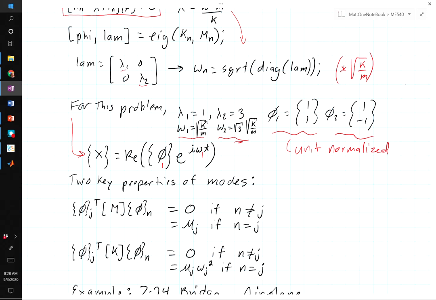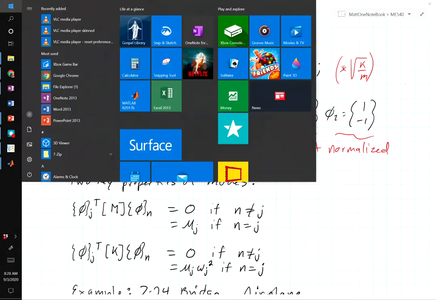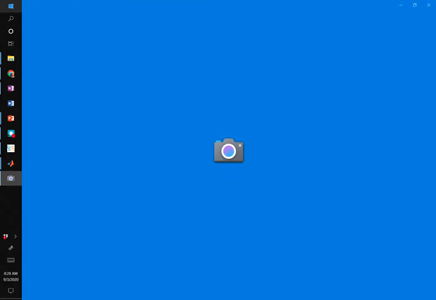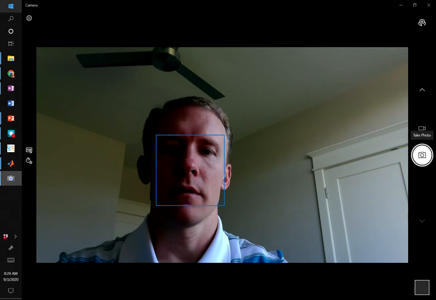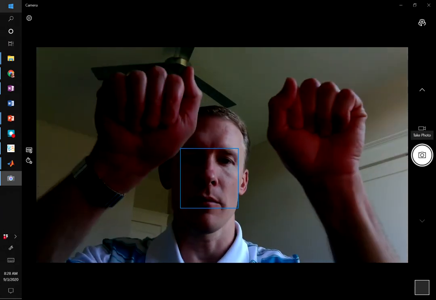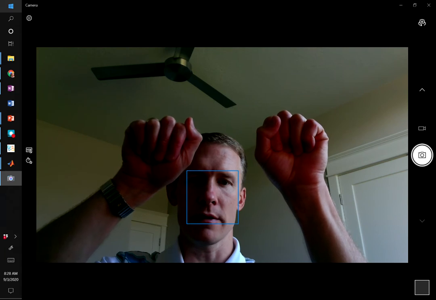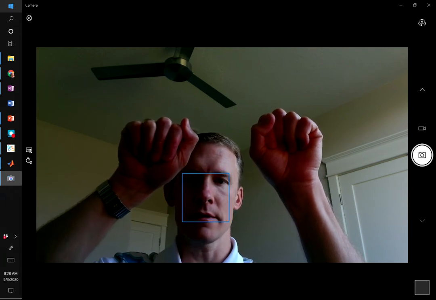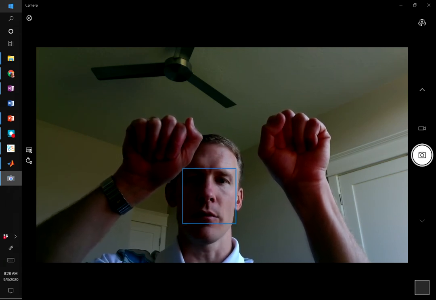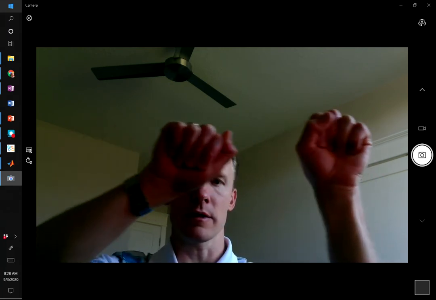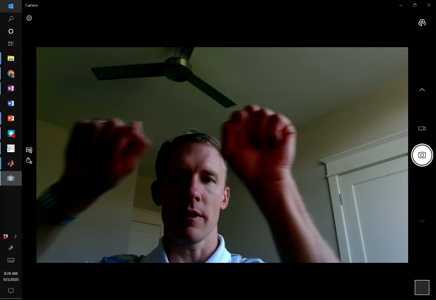So let me show you this so you can hopefully visualize a little bit. Suppose my two hands here are the two masses. So the first mode has them both moving in the same direction at one frequency, so they have the same sign.